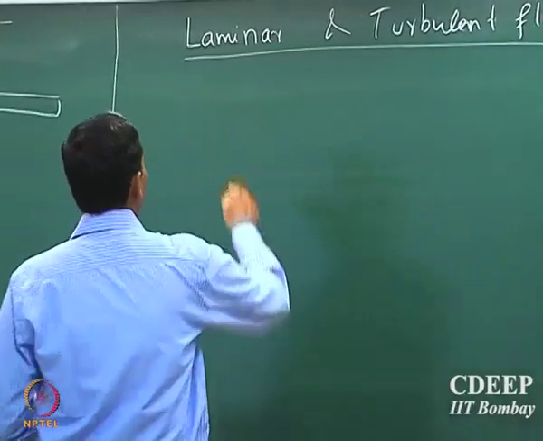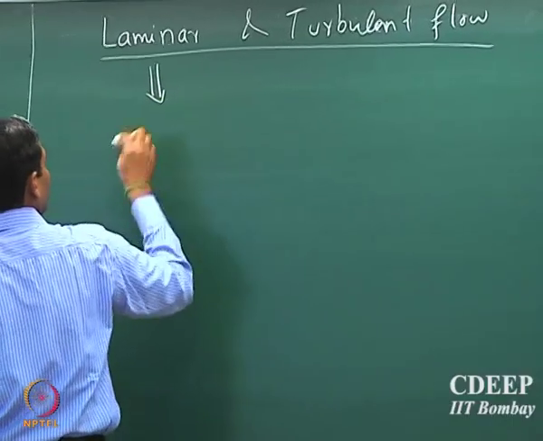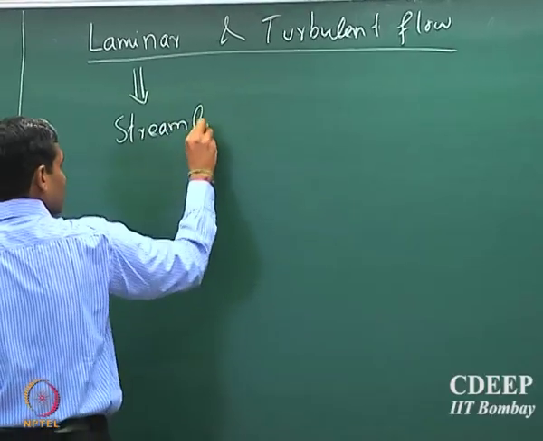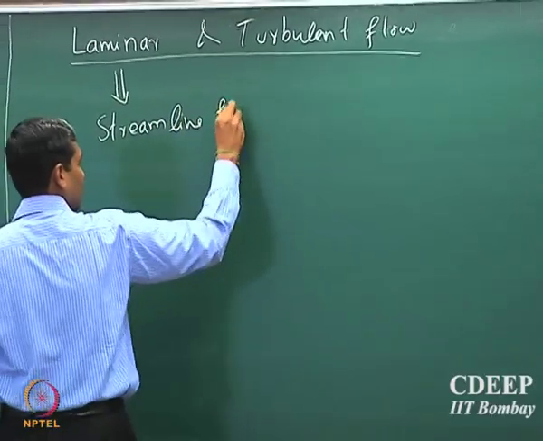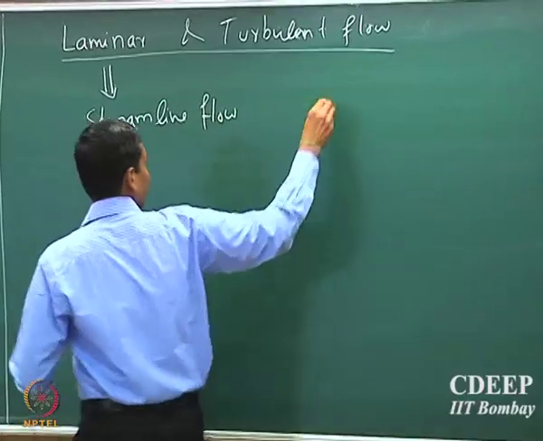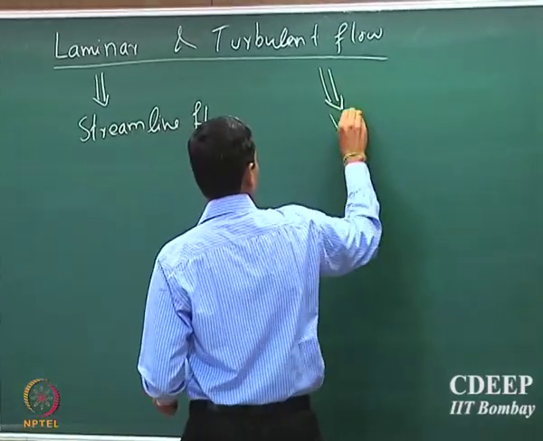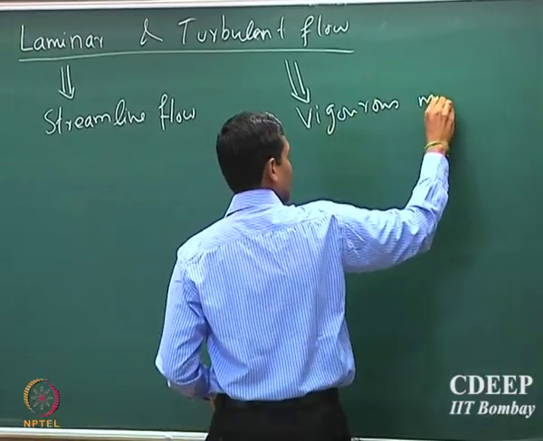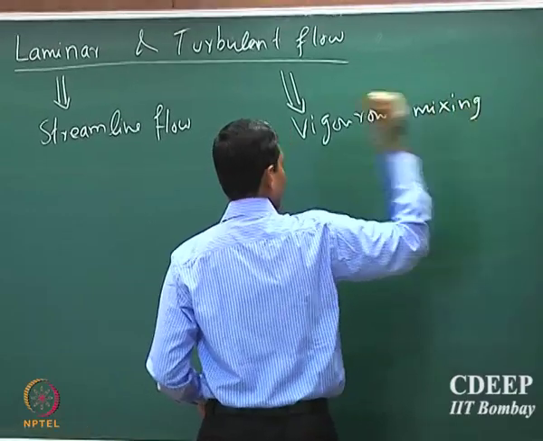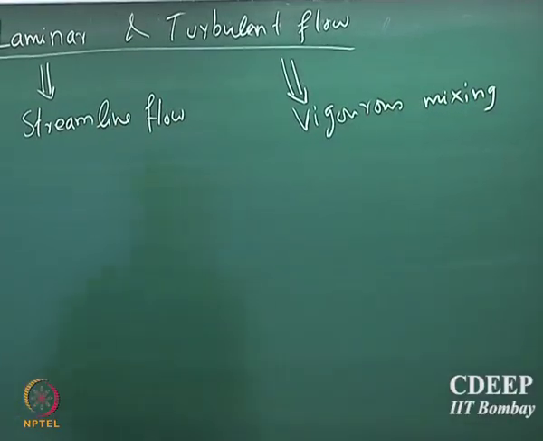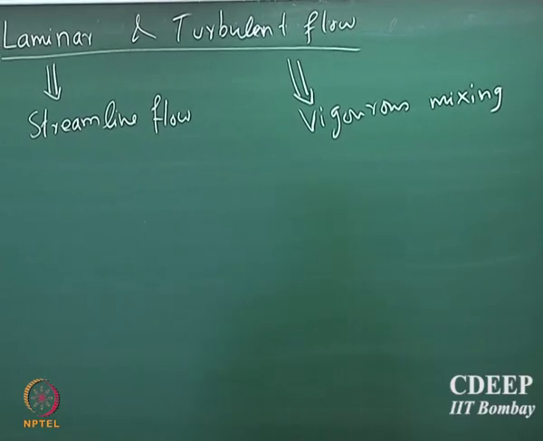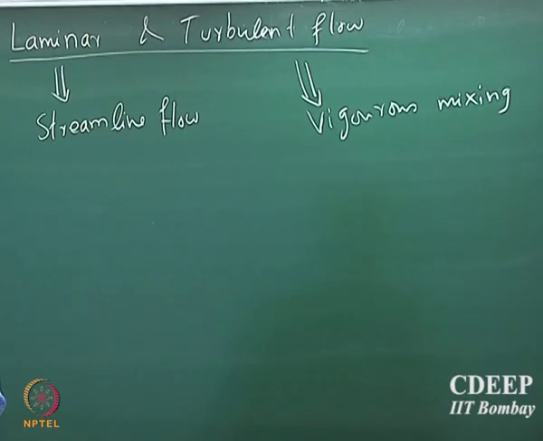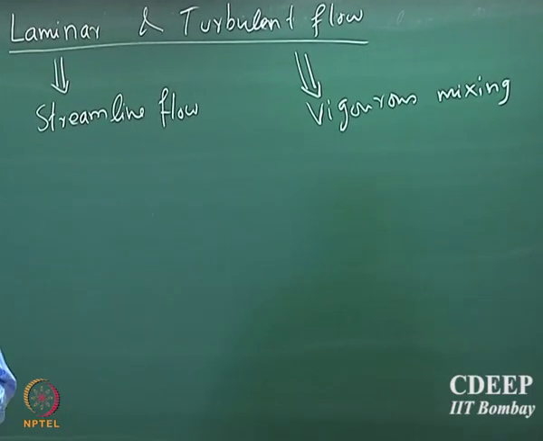So laminar flow is essentially a streamline flow, while there is vigorous mixing of fluid particles in the turbulent regime. Any fluid flow can be either laminar or turbulent, and somewhere in between is the transition region.